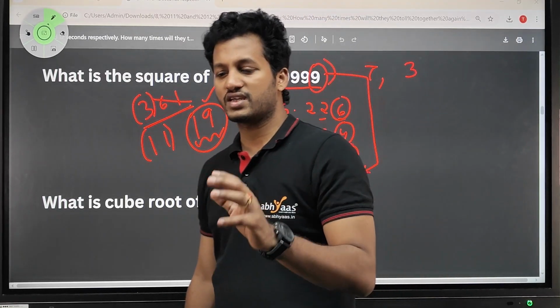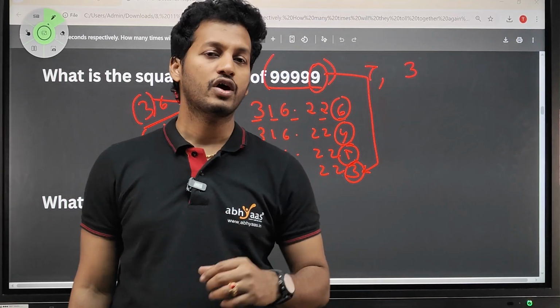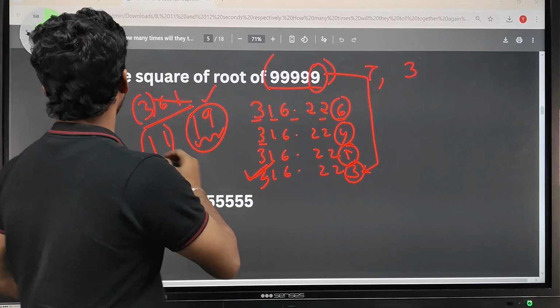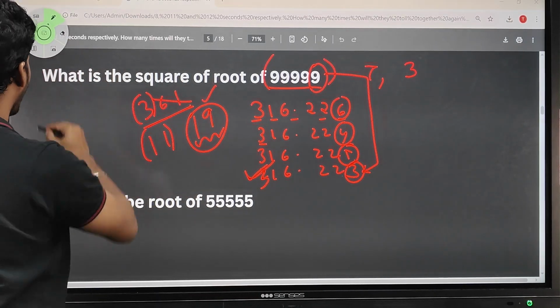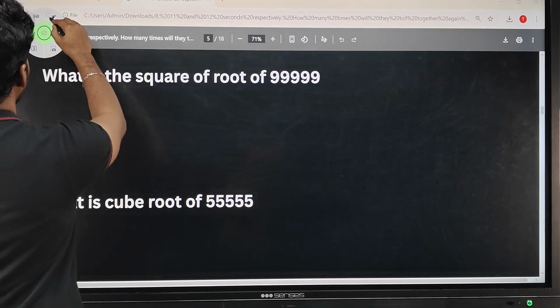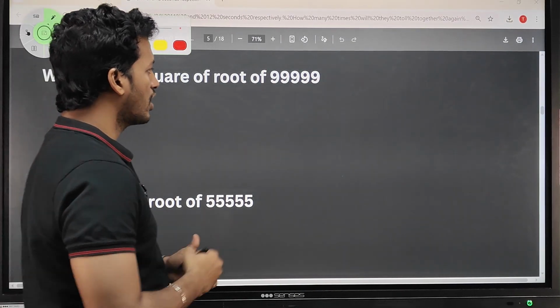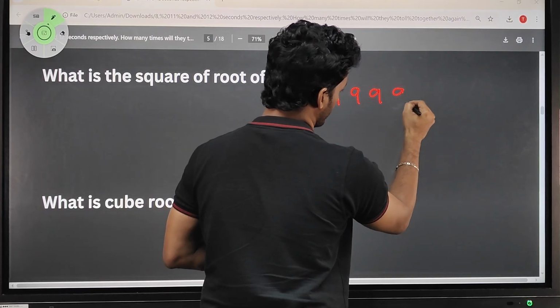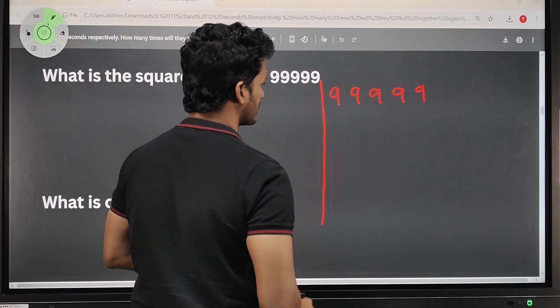So this is one way students generally apply to find the square root of such numbers, but it is not actually valid or useful in this type of problem. So how do we find this square root? We follow the long division method.